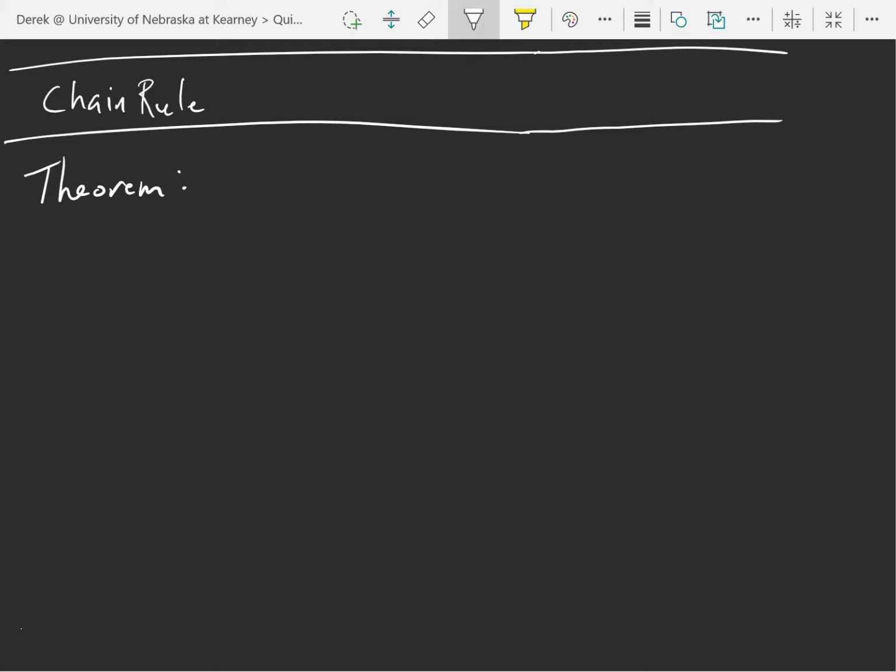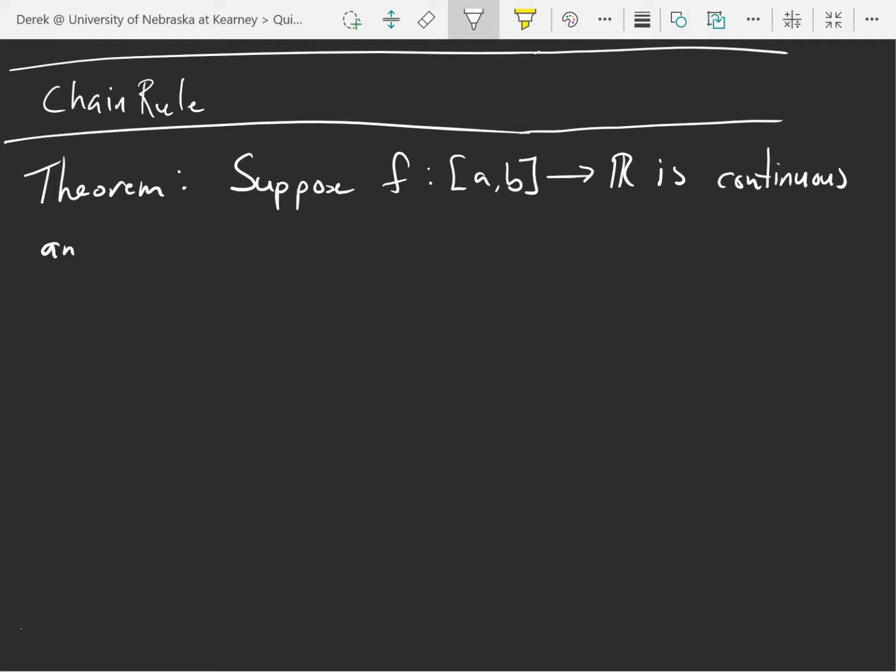we've got a continuous inside function. So suppose f mapping A to B, AB to R, is continuous and differentiable at x.